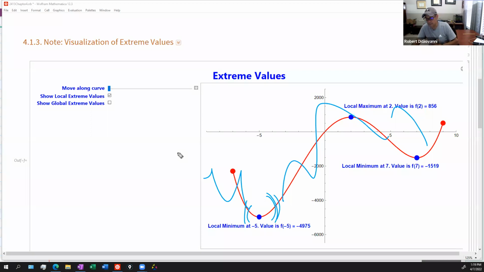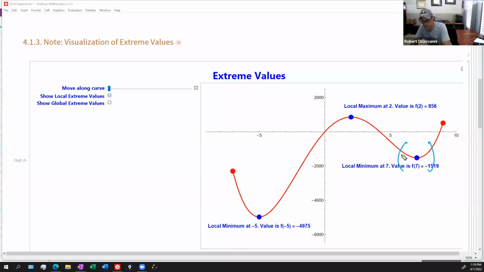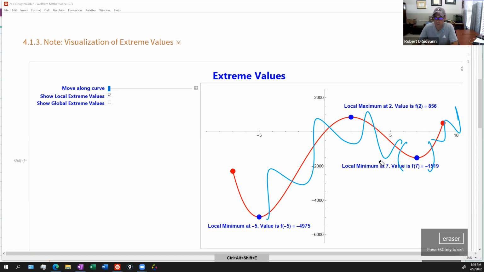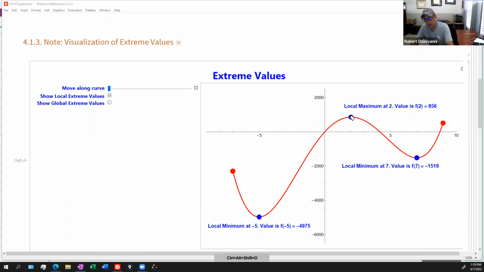Also over here, if you focus just here and forget all this, that point would be a local minimum in that little region. So we have 2 local minimums, right? And then we have this one right here, which if you forget everything else, would be a local maximum.